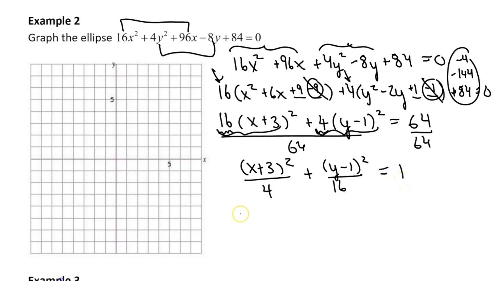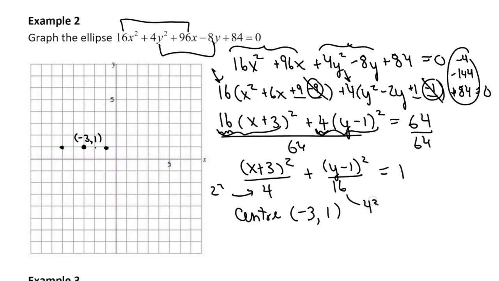So from here, we would have a center of -3, +1. And let's plot that right here. So -3, +1. And our x's are going to go 2 left, 2 right, because that's 2 squared.